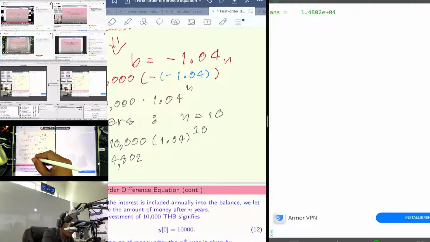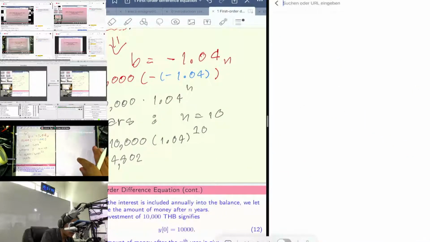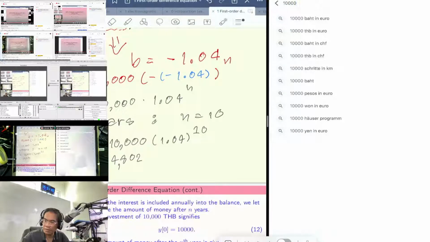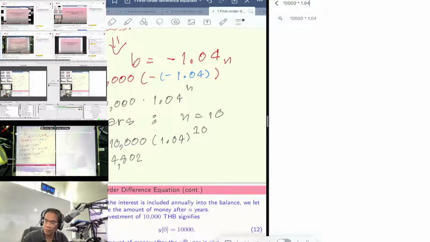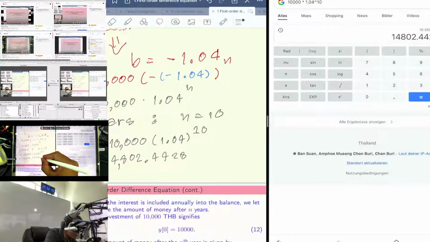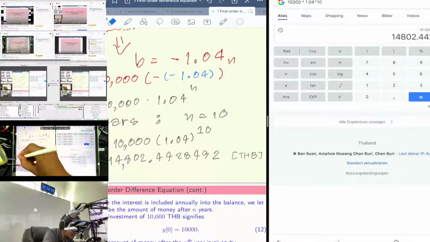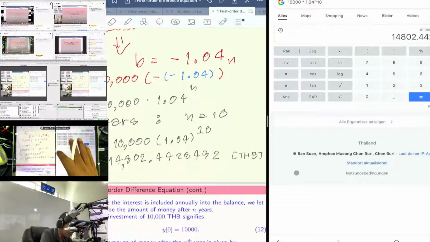Baht, I think approximately, but I'm not sure. If you use Google like this, 10,000 times 1.04 to the power 10, okay, you're going to get the exact value, somehow 14802.4428492, and here is THB, Thai baht, approximate, because we cannot express every decimal number.